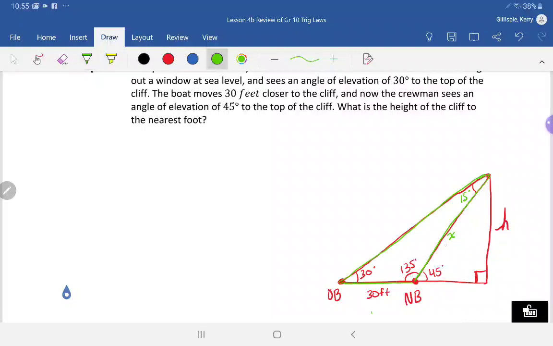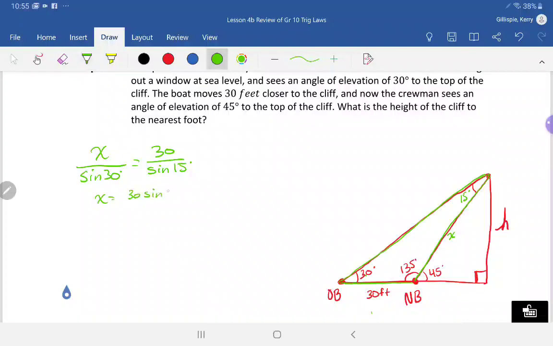So we'll do sine law to solve for x. I'm going to go with x on the top, and that's going to pair up with the sine of 30 degrees because it's across from the x. On the bottom over here, we're going to have 30 feet, and that's going to pair up with the sine of 15 degrees. So I'm pairing this with this. They correspond to each other, and I'm pairing 30 feet with sine 15.